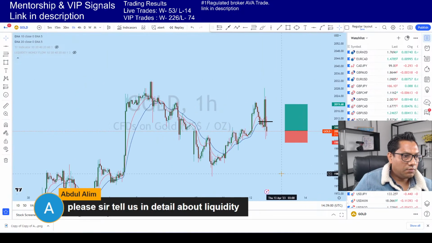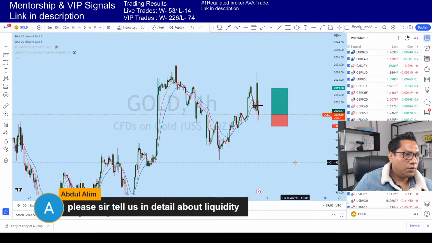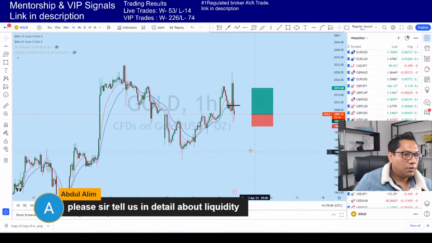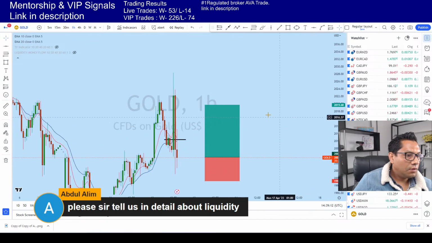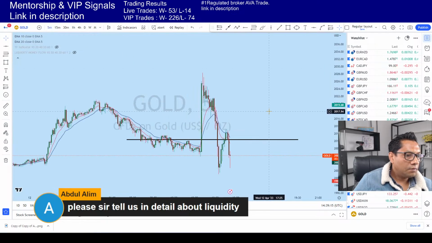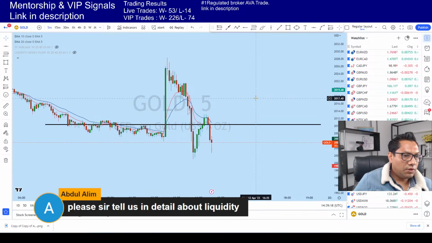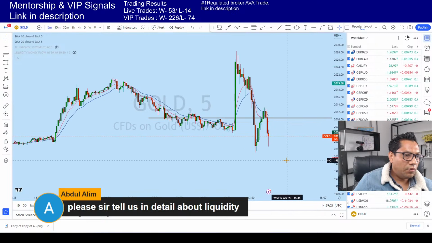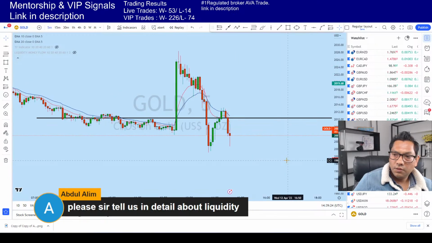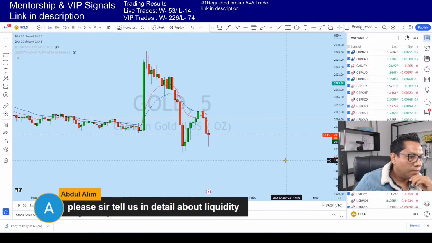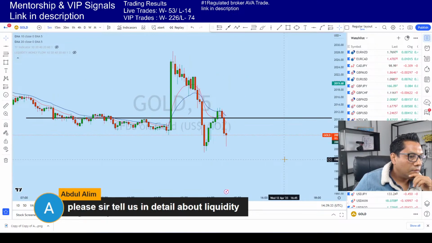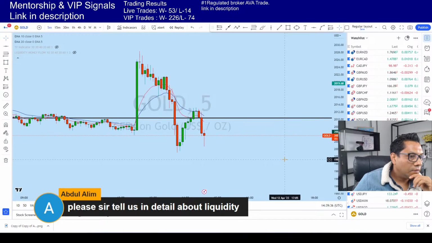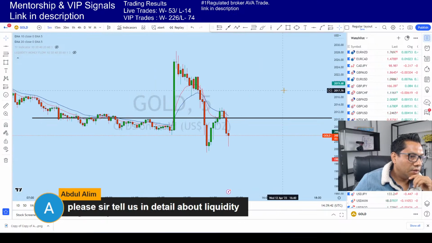Is gold getting rejected from the top, or can we see that this one is going to be a strong rejection from the bottom? There's an imbalance here.